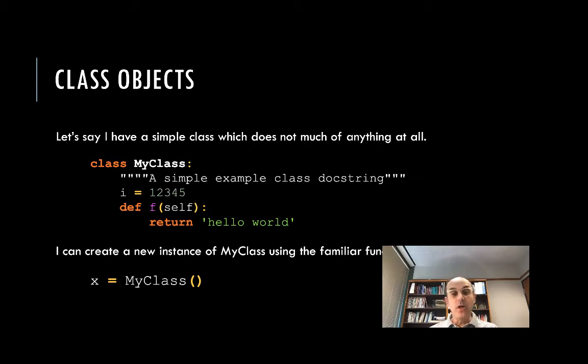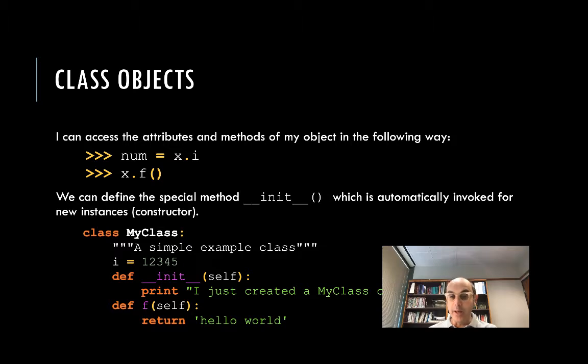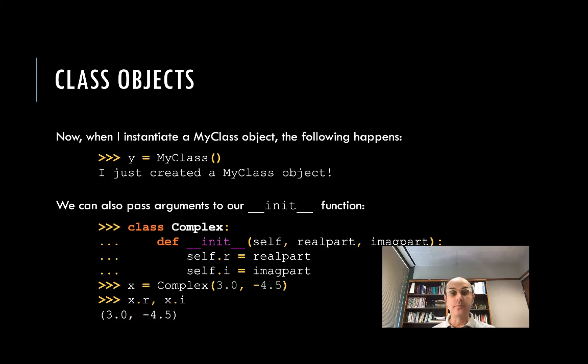And so I can create a new instance of my class using similar function notation. So in this case, x is equal to MyClass in order for me to represent what it will eventually capture. So I can access the attributes and the methods of my object in the following way. And I can define the special methods which automatically invoke on a new instance. And by doing that, I'll be able to say hello to the world.